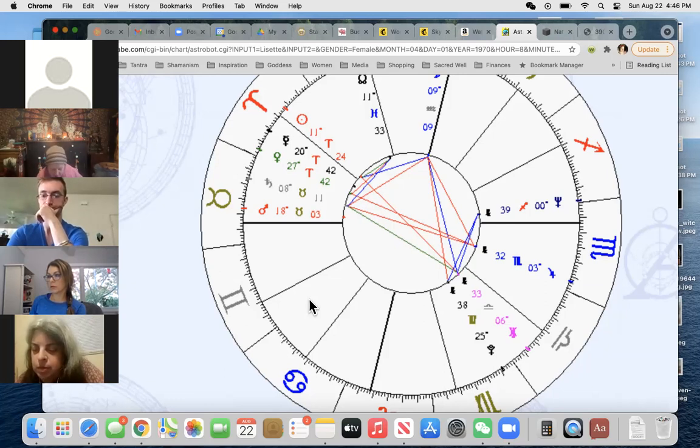Now, interestingly, in your third house, so that's the house of relational communication and learning, you have a Queen of Cups. So it's not always this way that the King and Queen of Cups show up right next to each other in a reading.